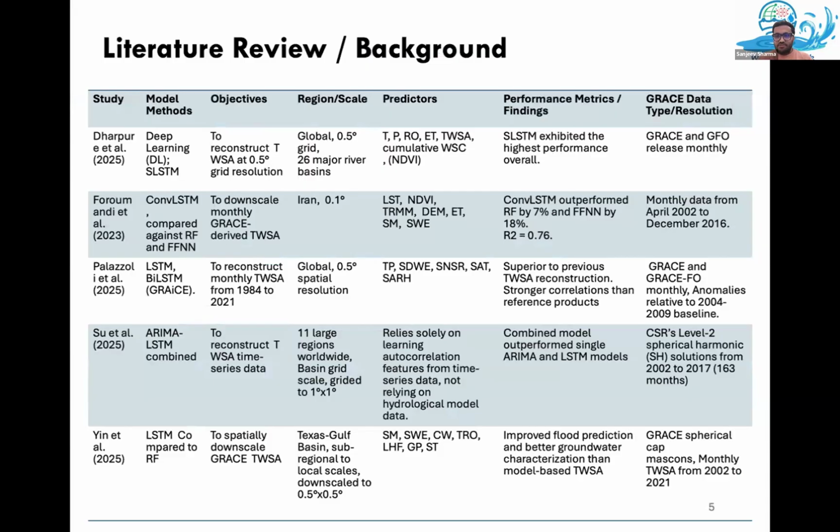So Neda. Thank you. We did some literature review on previous studies that have used modeling for downscaling GRACE, and they were trying to predict groundwater storage. They have used different predictors, and the R-squared values are between 70% and 80% in these studies.